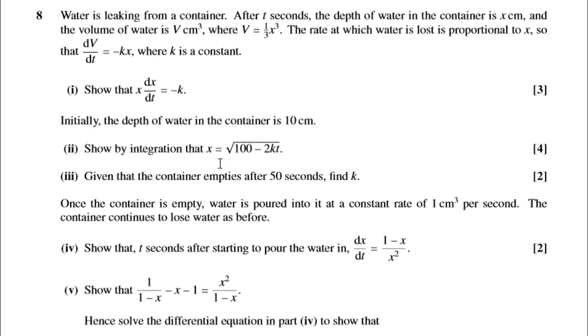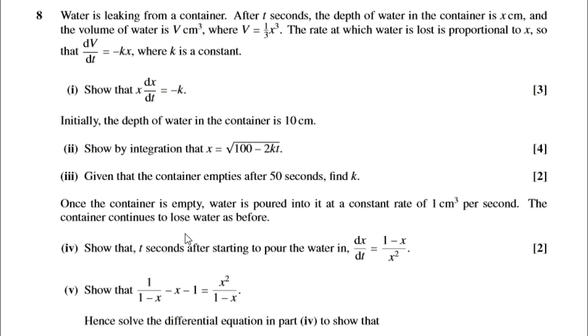Part 2 is show by integration that this is that, and part 3, given that the container empties after 50 seconds, find k. So that's simply substituting values and rearranging to find k. And once the container is empty, water is poured into it at a constant rate of 1 per second. That's v per t, so dv by dt is 1.